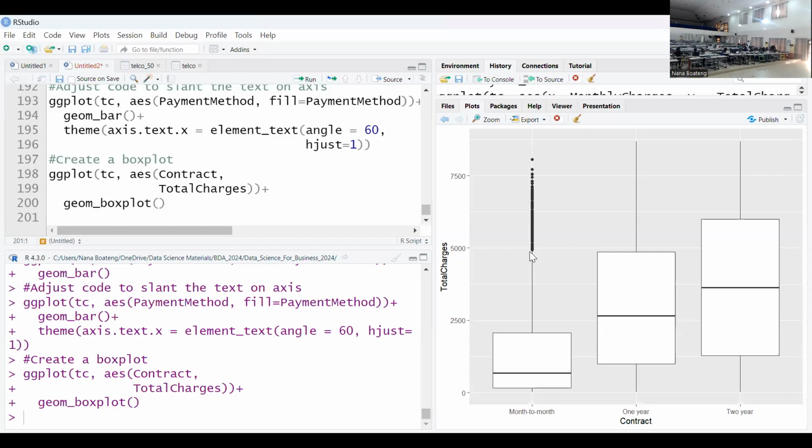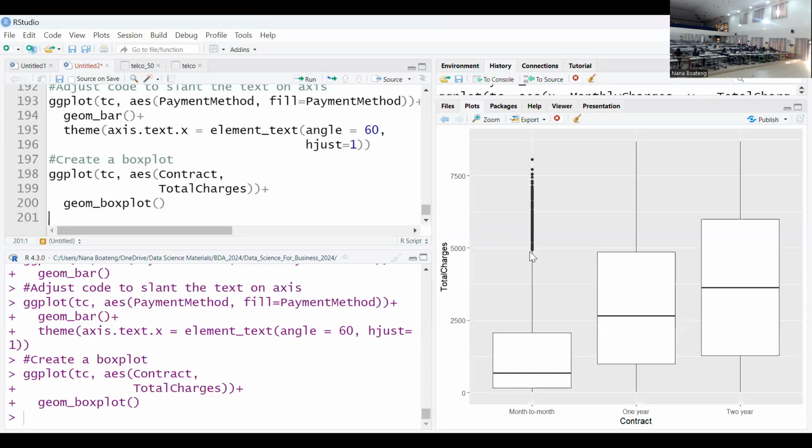So within the box, it gives us the interquartile range. It gives us the variability of your data, how they are spread. So you see that the month-to-month contract is much more compact than the 1 year contract, but the 2 year contract is spread much more. Okay, so you see that it's spread.